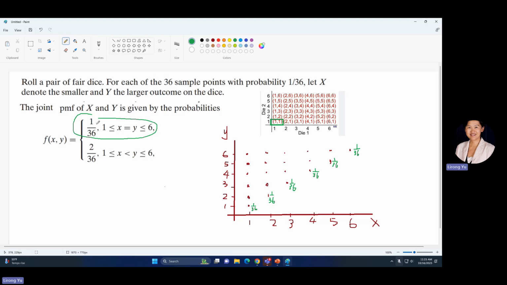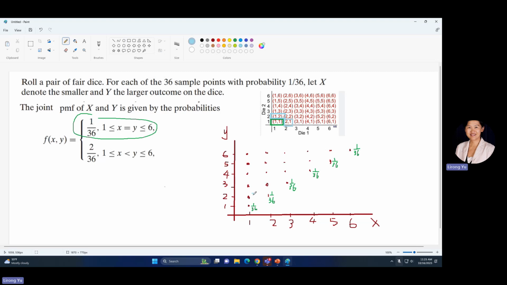Now, if x does not equal y, for example 1, 2, how many situations are there where the smaller equals 1 and the bigger one equals 2? There are 2 situations. One is when we have 1, 2, and the other is when we have 2, 1, right? If that was what's happening, then the smaller is 1, the bigger is 2, right? So the probability for it would be 2 over 36.